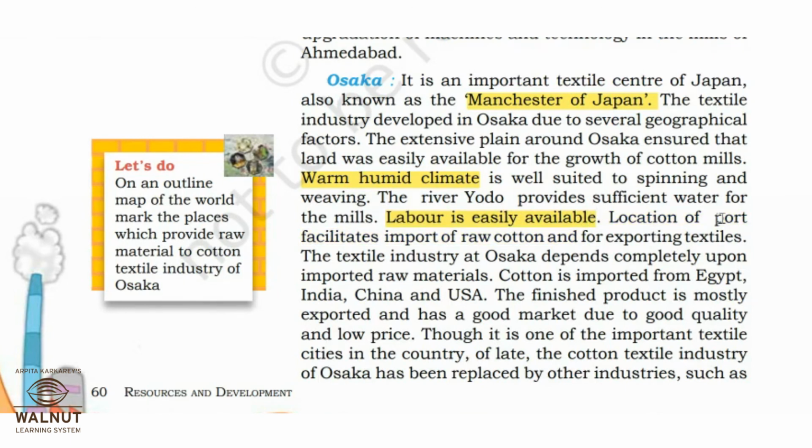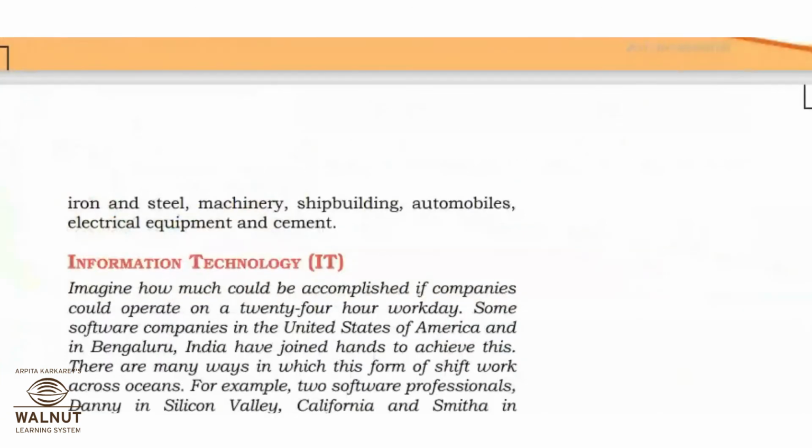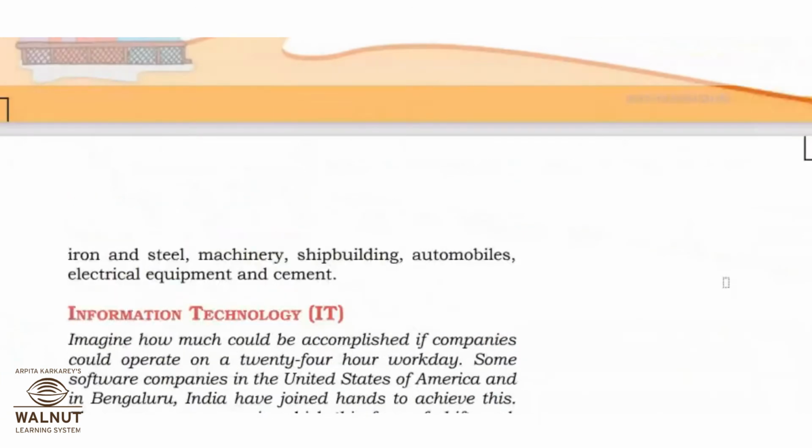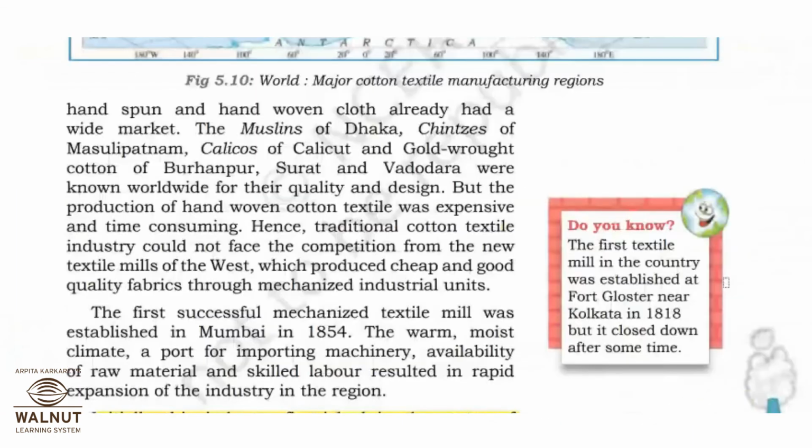Port is available, which facilitates import of raw cotton and exporting textiles. The river provides sufficient water for the mills as well. So the factors are similar, and that is the reason Osaka is called the Manchester of Japan, and Ahmedabad is called the Manchester of India.